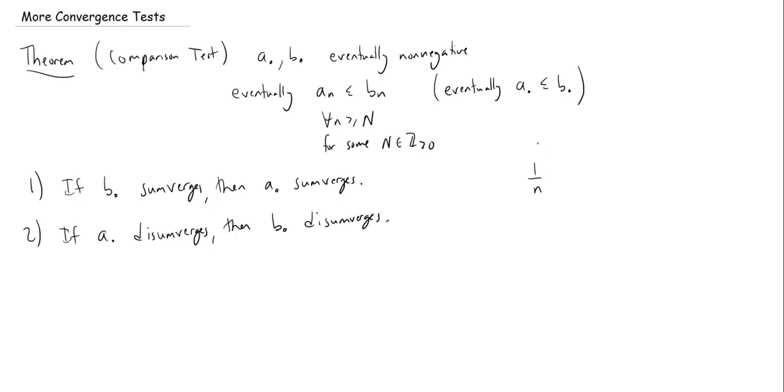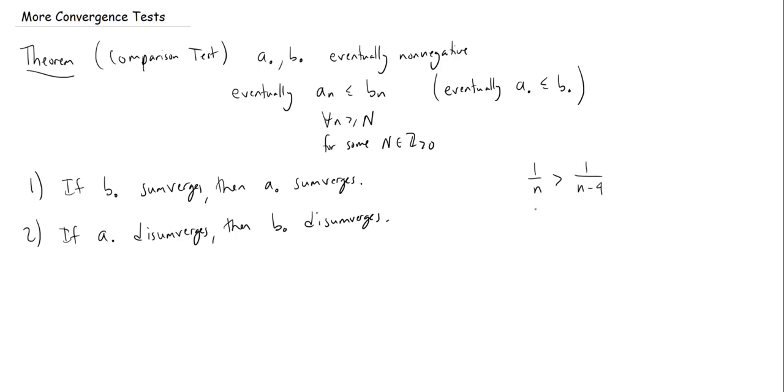So I can make things greater than 1 over n by making, well, the denominator smaller. So for example, I know 1 over n is greater than 1 over, I don't know, how about n minus 4? Okay, so 1 over n minus 4. Now, of course, if I'm going to start at 1, then I'm going to have this problem when I get to n equals 4. So I probably want to start the sequence when n is at least 5. But that's fine. We don't worry about that. All we care about is eventually anyway.